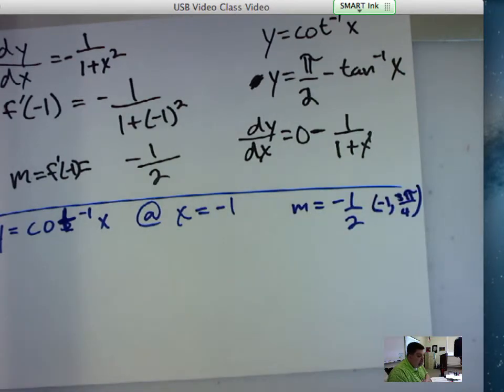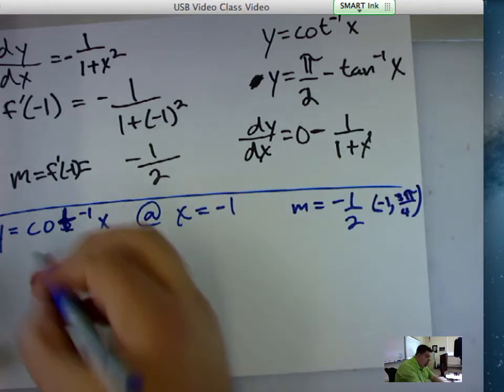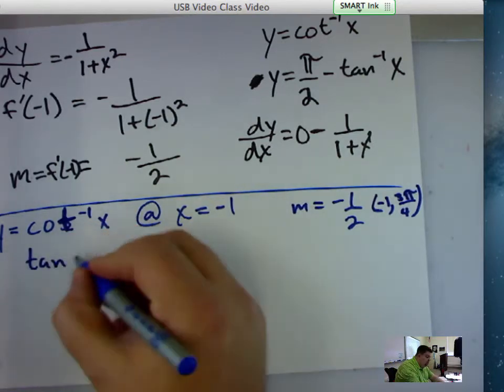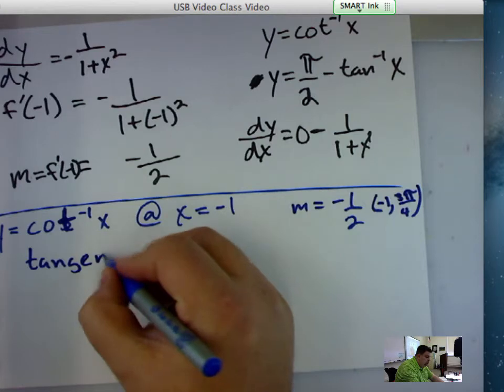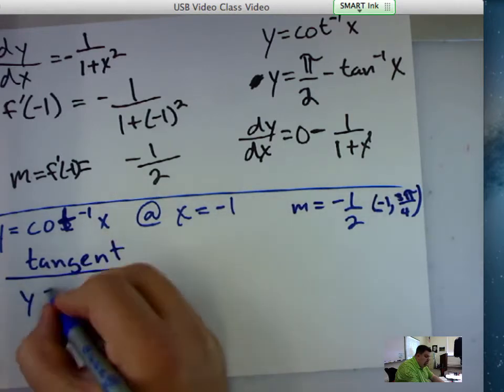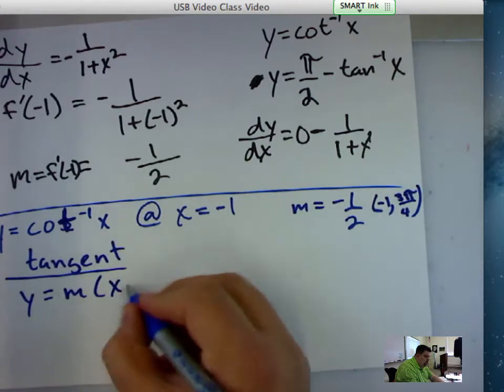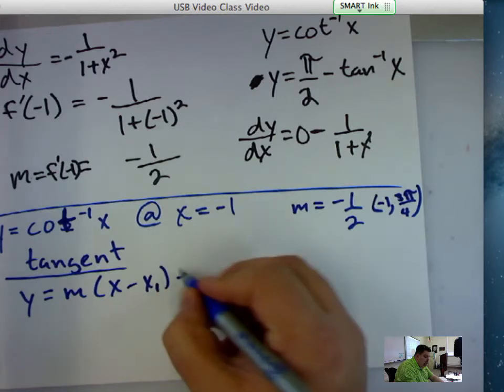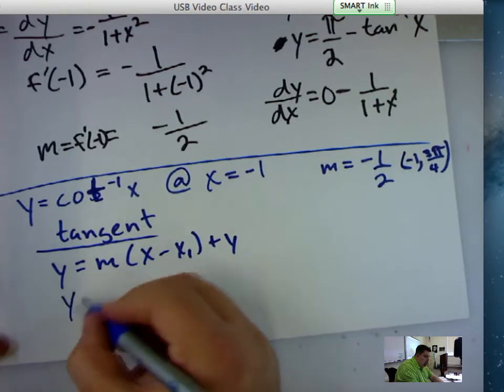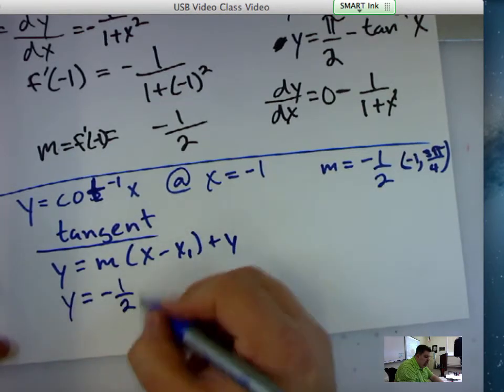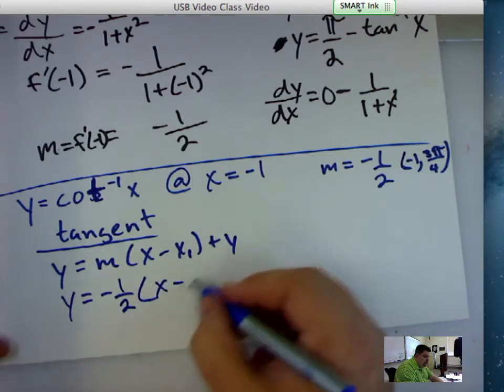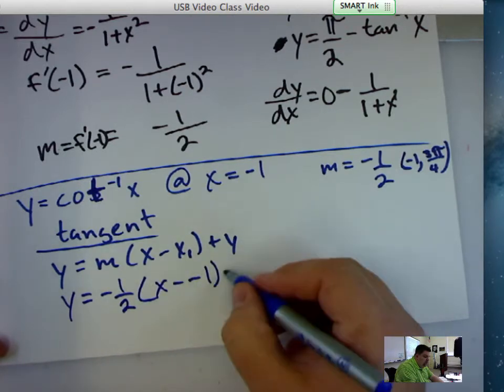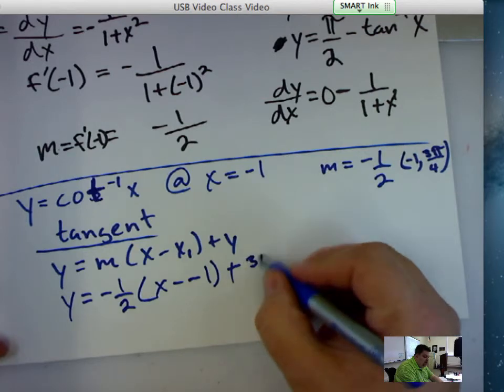So now how do I write the equation of the tangent line? y is equal to m times x minus x sub 1 plus y sub 1. Or y is equal to -1/2 times the quantity x minus negative 1 plus 3 pi over 4.